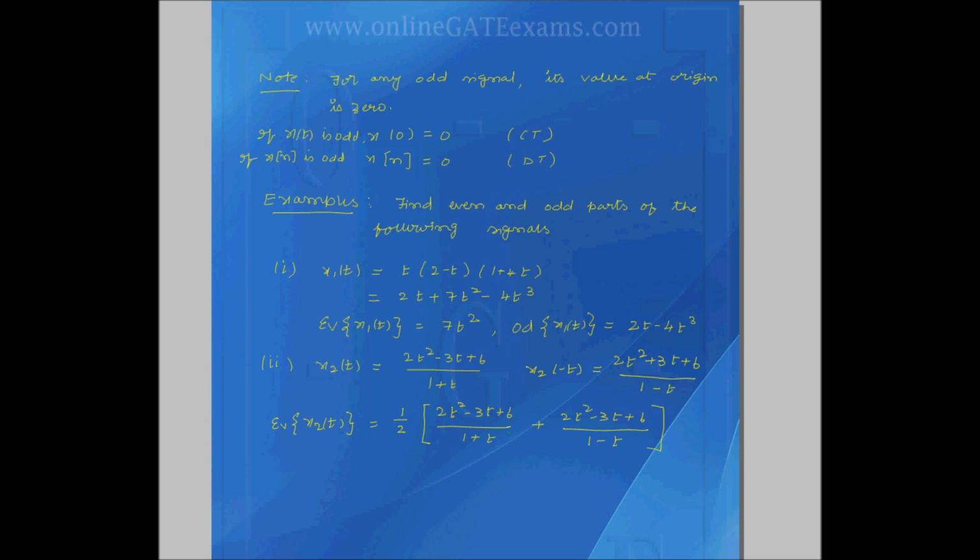Okay, so if you cross multiply and simplify, this will be equal to (5t² + 6)/(1 - t²). Okay, so (5t² + 6)/(1 - t²).